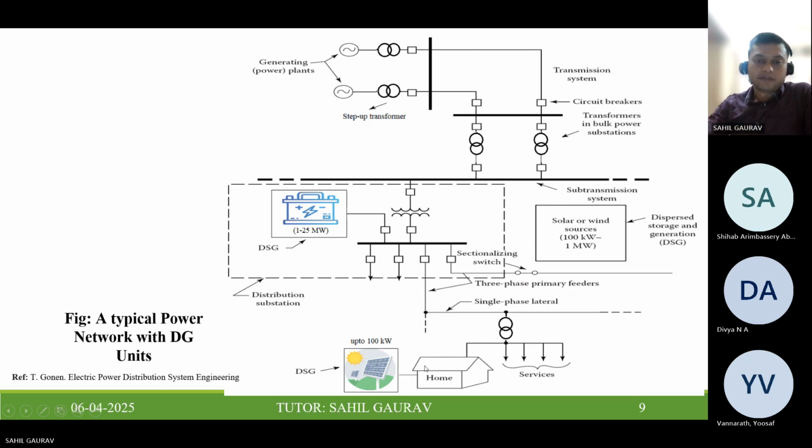So we can have our distribution feeders, and that provided to our households, where our distributed generations can be connected. So these are all distribution feeders. Here four feeders you can visualize: first, second, third, and fourth.